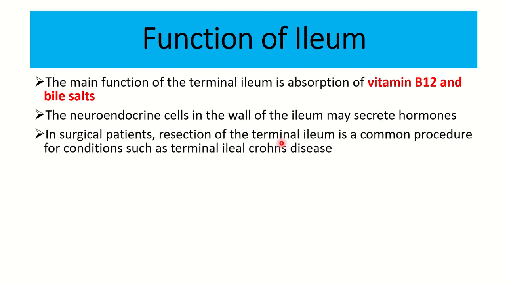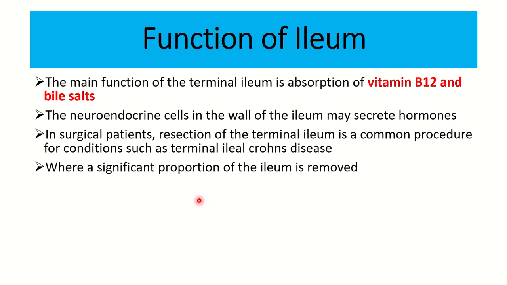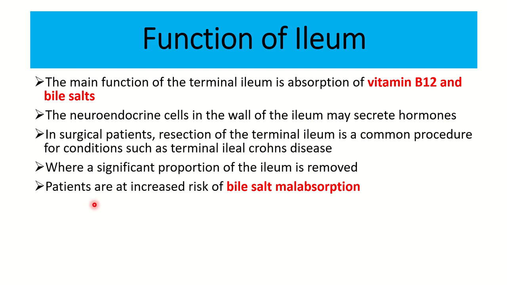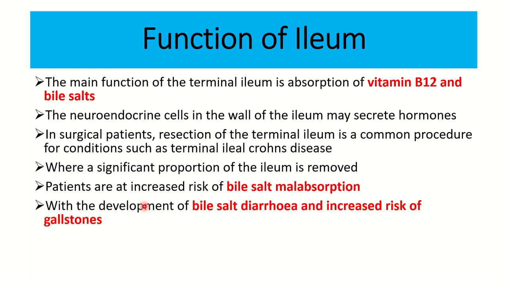In surgical patients, resection of the terminal ileum is a common procedure for conditions such as terminal ileal Crohn's disease and other surgical emergencies. A significant portion of the ileum is removed during this procedure, and for this patient there is increased risk of bile salt malabsorption, and also reduced vitamin B12.